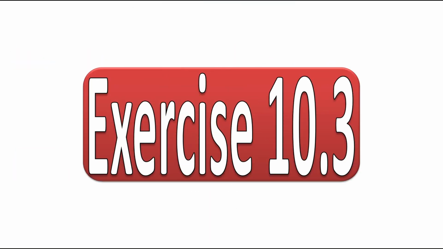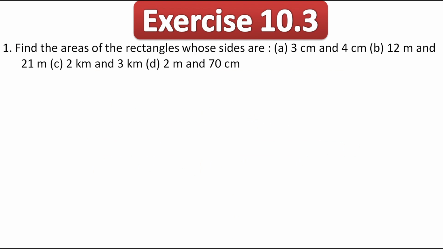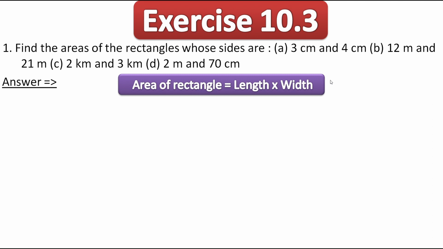So here this is the first question. Find the areas of the rectangles whose sides are given. They have asked us to find the area of rectangles and they have given us the measurement of the sides. We have the formula. Just now I told you that area of rectangle is equal to length into width.